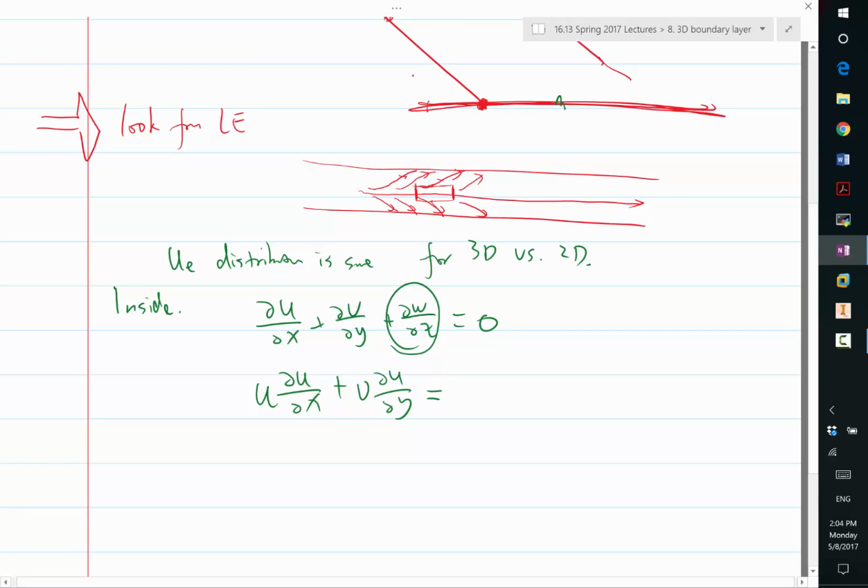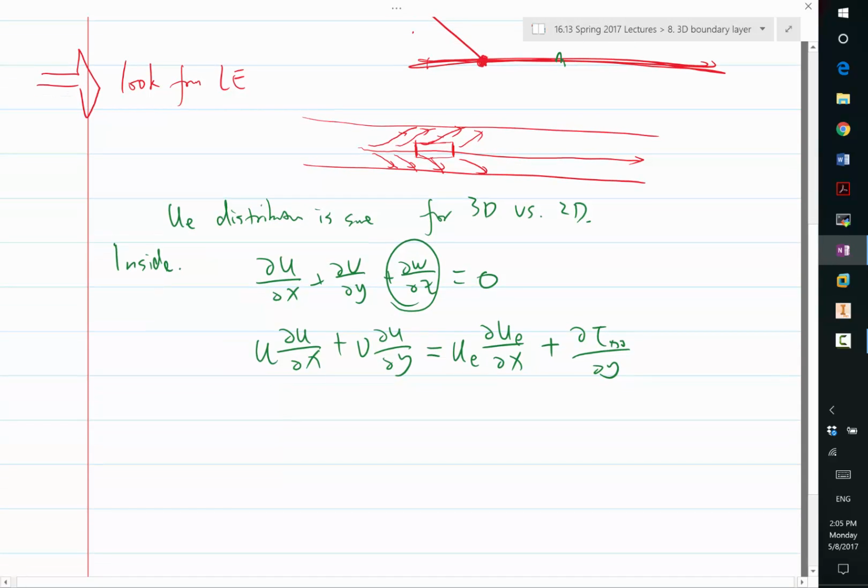That is equal to ue due/dx, and the due/dz is also gone because d/dz is equal to 0, plus partial tau xy partial y. So this is the x momentum equation. Looking at the whole x momentum equation and mass conservation equation, we find that it doesn't involve any w at all. What does that mean?